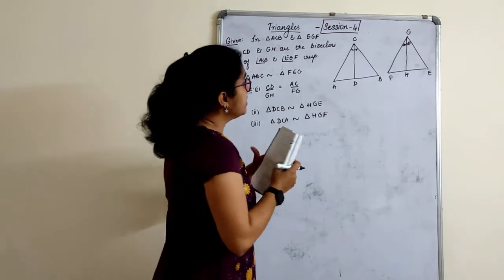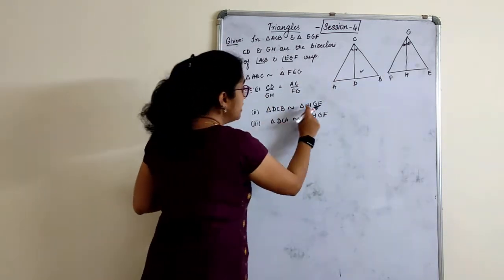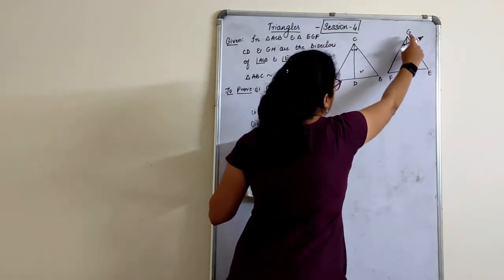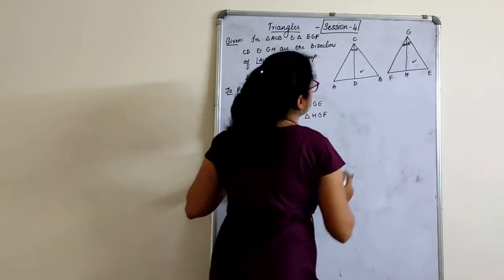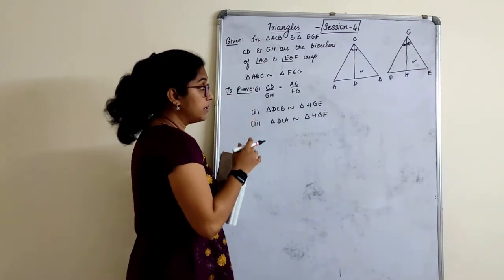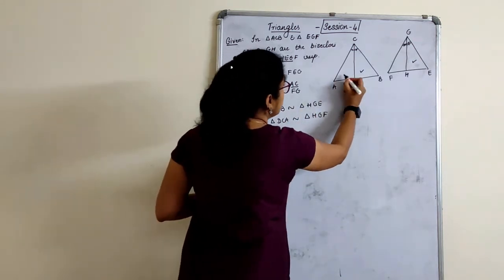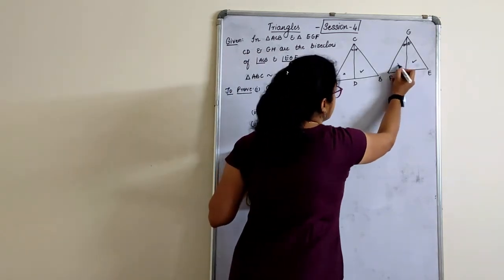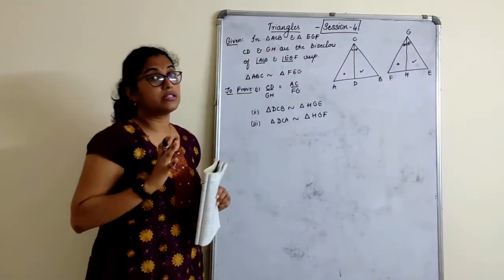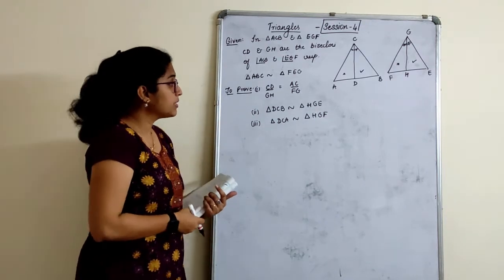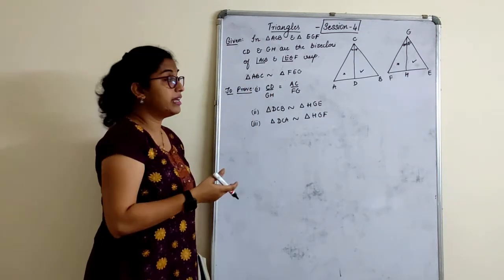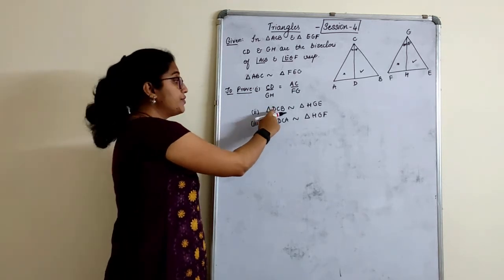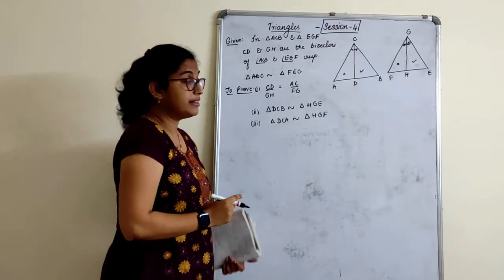I put the star mark on what you have to prove. Now we have to see from which triangle similarity we get this proportional side. Directly you cannot arrive at this; you have to first start with this and then you can arrive at that.